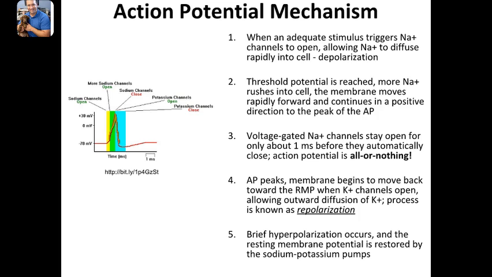And then finally they close. So sodium channels open after the stimulus, they close at the top. Potassium channels open, then they close at the bottom. And you've got your little nervous action potential spike, and that's what's happening when it occurs.